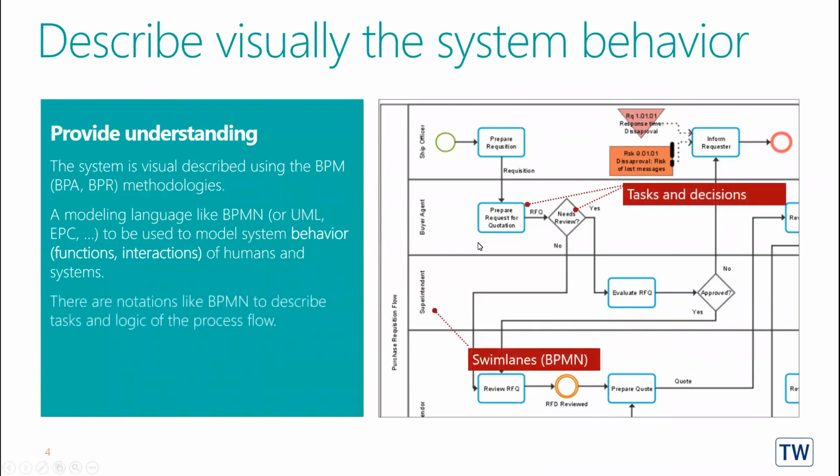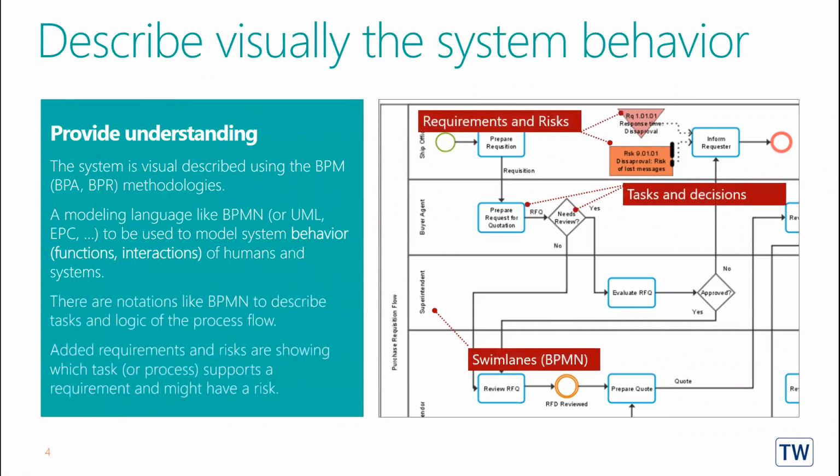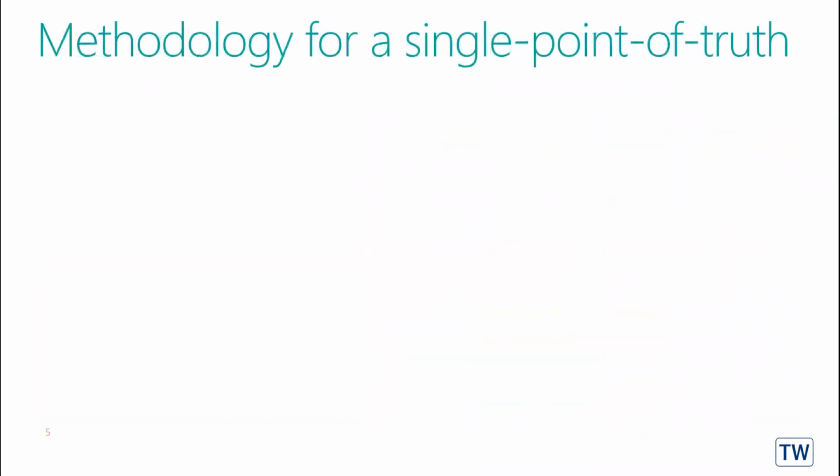BPMN, it's a standard, and tasks and descriptions are describing the logic of the process flow. Requirements and risks can be visually modeled by having specific symbols assigned to tasks that are implementing the risk or implementing a requirement or having a risk or the process itself.